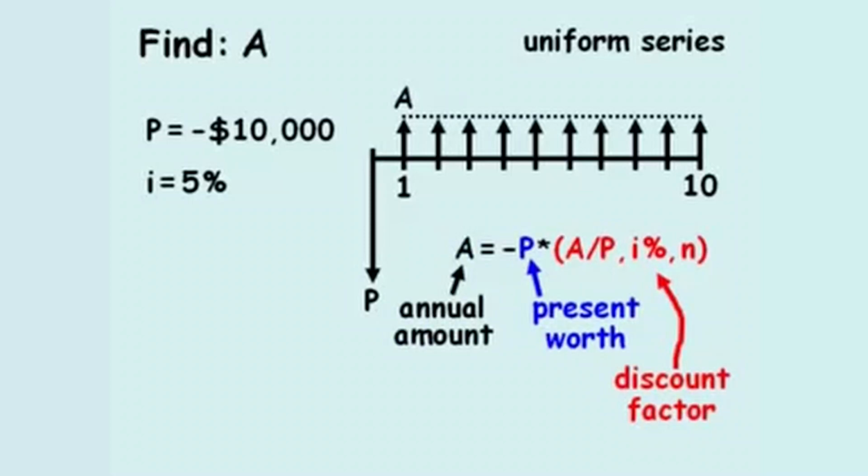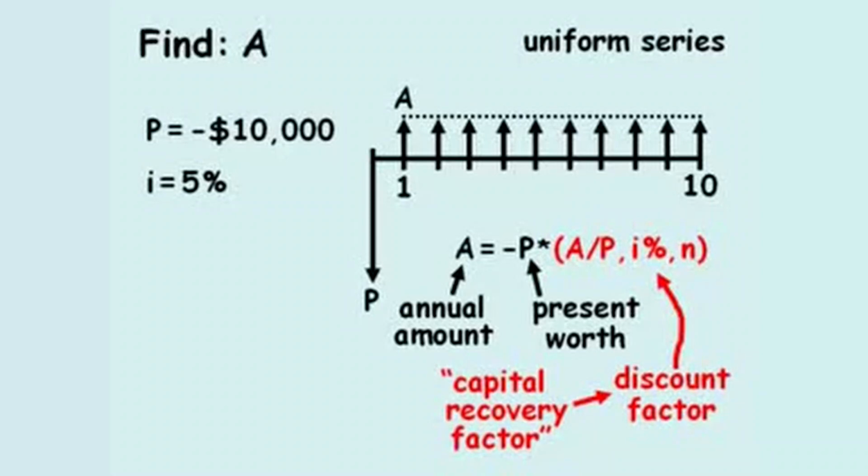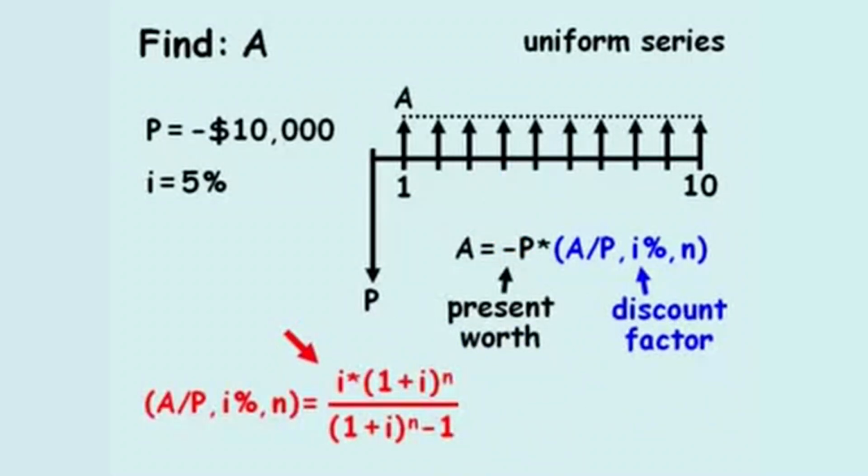This particular discount factor is called the capital recovery factor because it converts a present value, P, to an annual amount, A, for a given interest rate, I, and over a number of years, or periods, N. Also notice there is the negative sign because we know P is a negative cash flow and A is a positive cash flow. We can compute the discount factor by using a formula based on variables I and N.